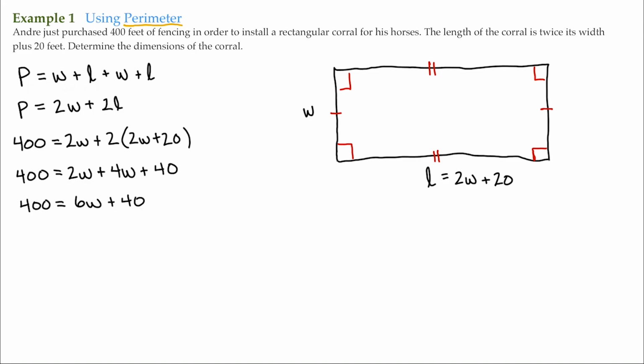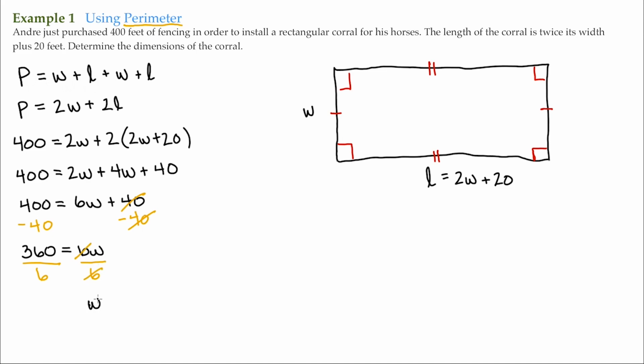I'll then subtract 40 from either side. These will cancel. 400 minus 40, that's 360. I'll then divide either side by 6. These will cancel.